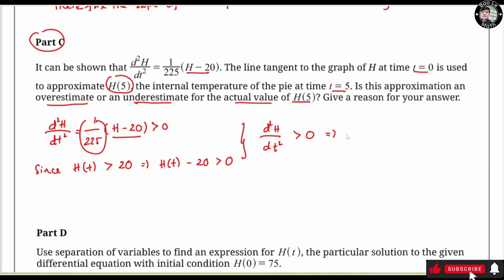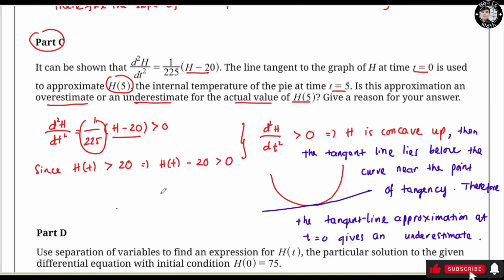It tells us that the function h is concave up. So if the function h is concave up, it could be something like this. Then the tangent line should be below the curve, right? Therefore, the tangent line approximation at t equals 0 gives an underestimate, right?